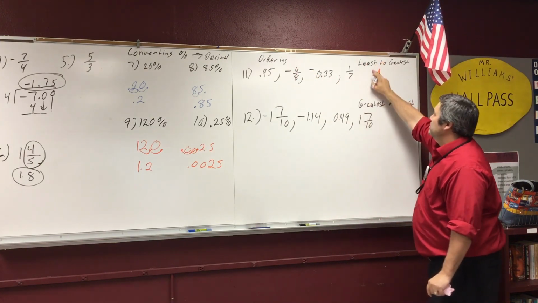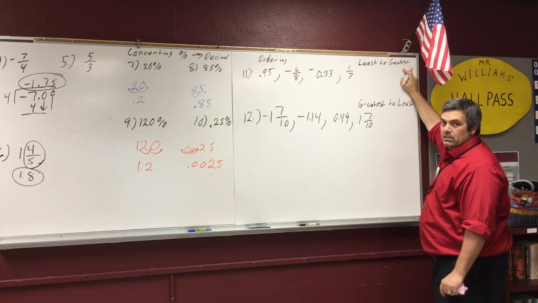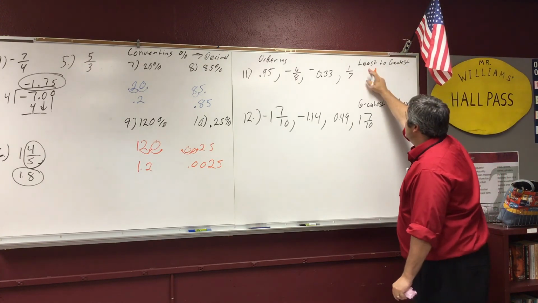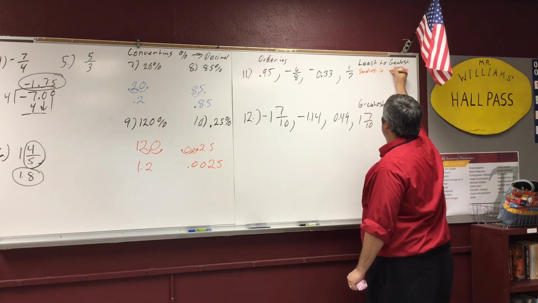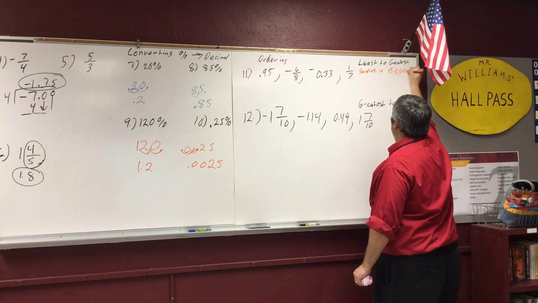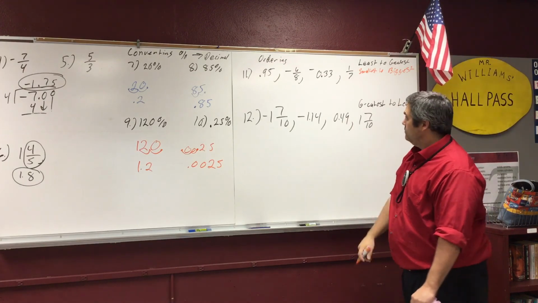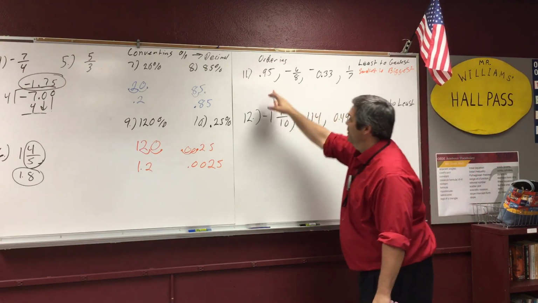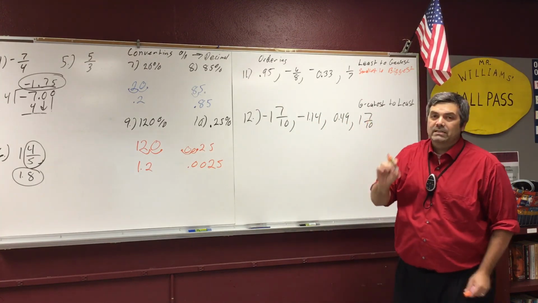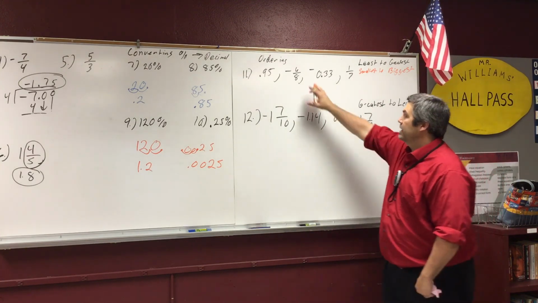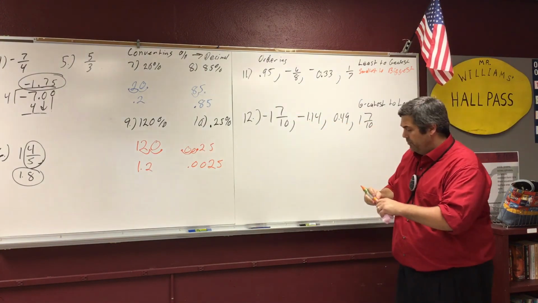And I want to do the smallest to the biggest, least to biggest. So I'm going to come through here and convert anything that's not a decimal into a decimal. It makes it a whole lot easier. And I'm going to use a calculator and do it really quickly.